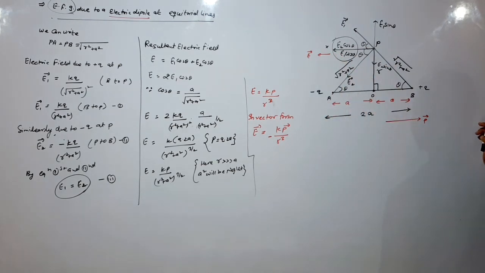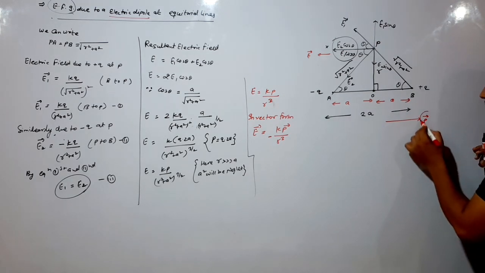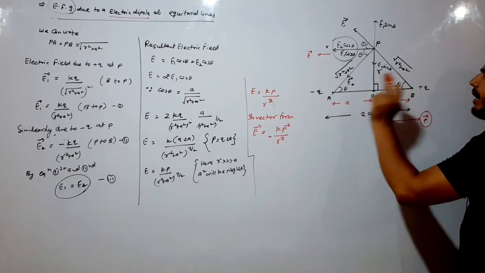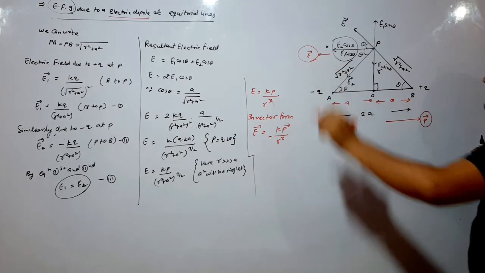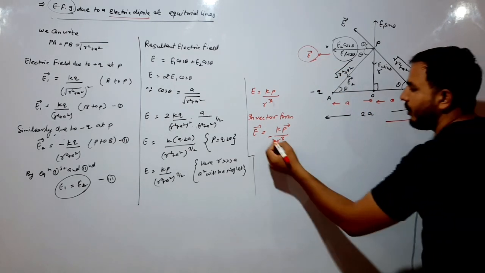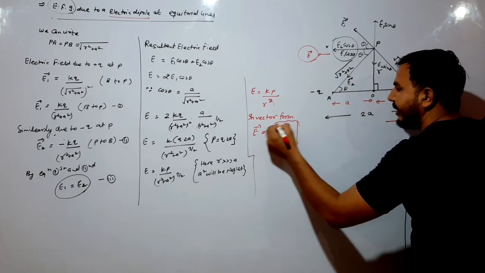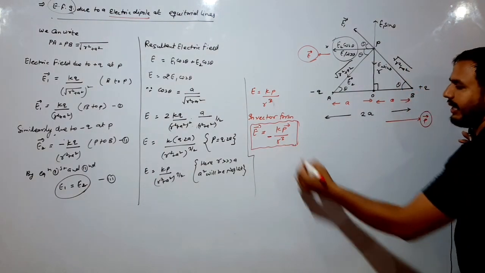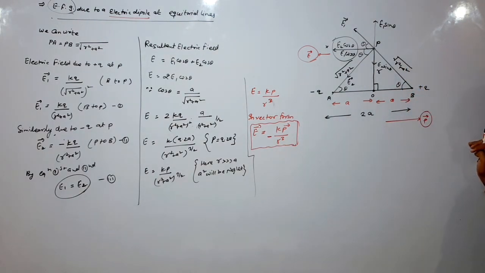Here the direction of the electric dipole moment is opposite to the direction of the electric field intensity, so we use negative here. Clear? This is the electric field intensity due to an electric dipole at the equatorial line.